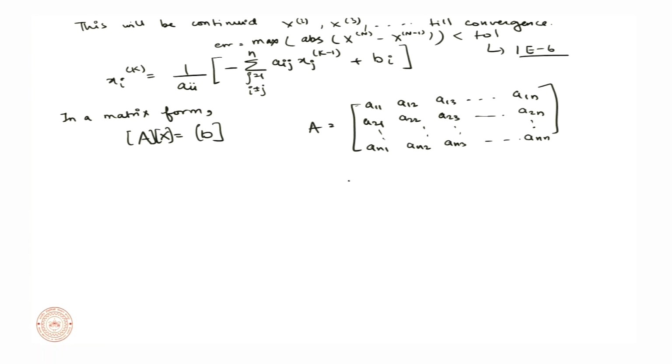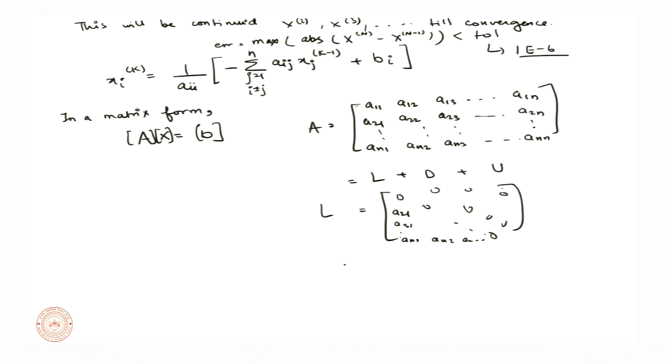You can decompose this matrix into your lower diagonal plus upper diagonal, where the lower diagonals will be 0, all the diagonals are 0. You will just have the lower diagonal values a21, a31, an1, an2, an3 and so on, and all the upper diagonal terms will be 0. This is your lower diagonal, and your upper diagonal will be just the other way.